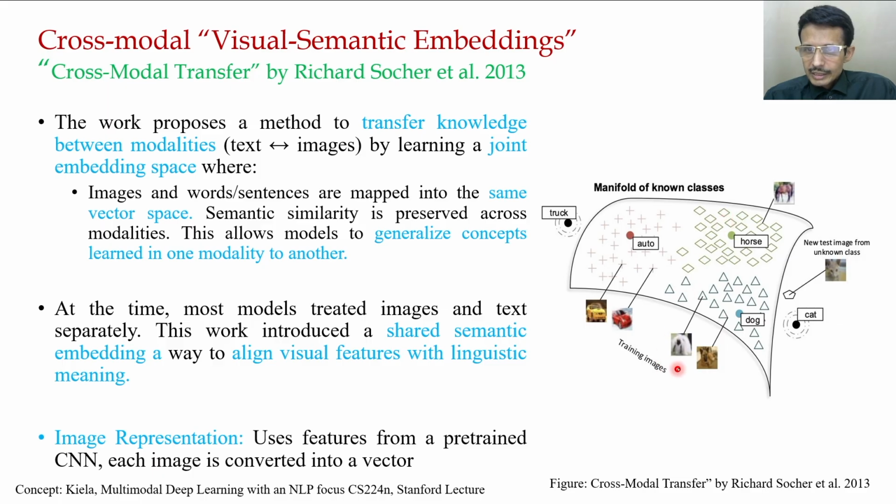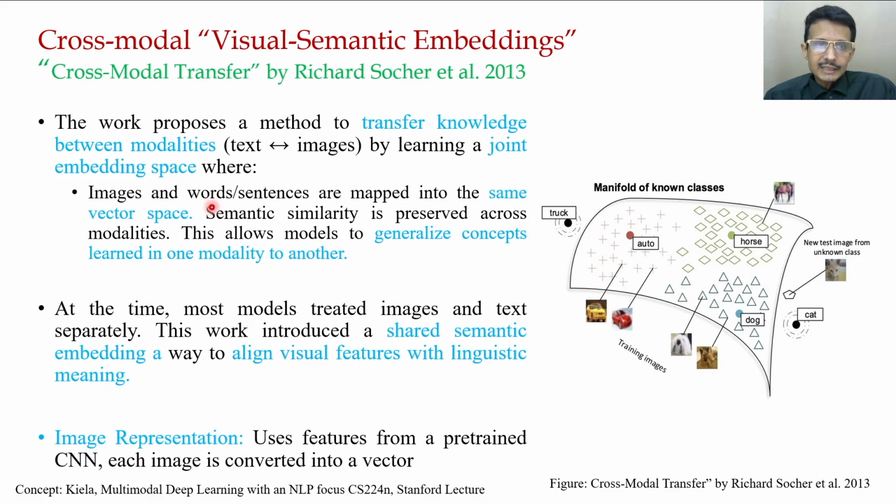These are images of different objects, say car images, a dog image, a horse, and so on. This manifold is not a simple image space or image feature space. It is basically a joint embedding space. So images, words and sentences are mapped into the same vector space.